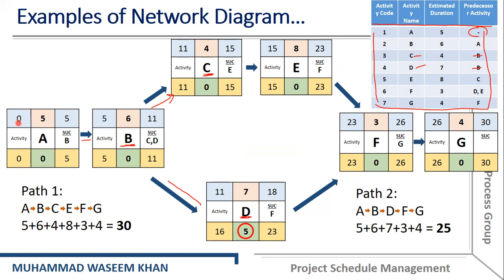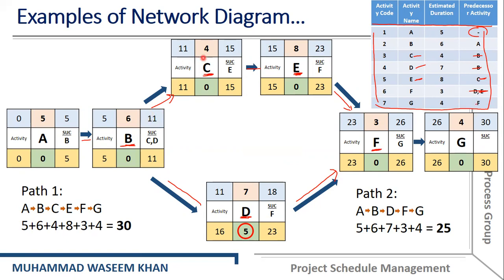Because you can see, if activity A starts from 0, then 0 plus 1, 2, 3, 4, and 5. So 5 would be the earliest finish of activity A. On the same day, on day 5, we can start activity B, and if its duration is 6, then 6, 7, 8, 9, 10, and 11. So 11 will be its earliest finish.